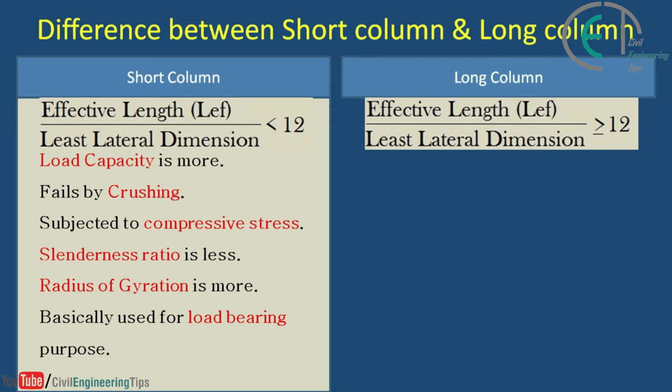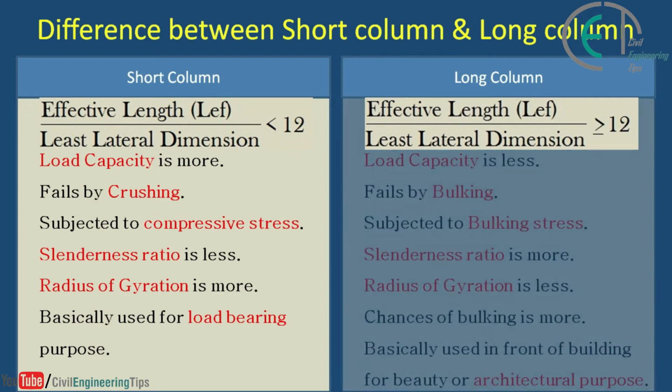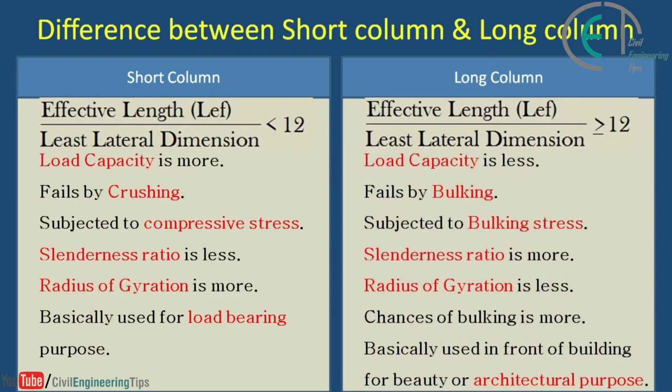In case of short column, load capacity is more, and in case of long column, load capacity is less. Short column fails by crushing, long column fails by buckling. Short column is subjected to compressive stress, long column is subjected to buckling stress.